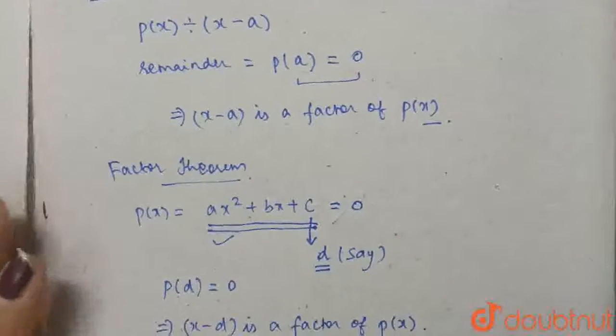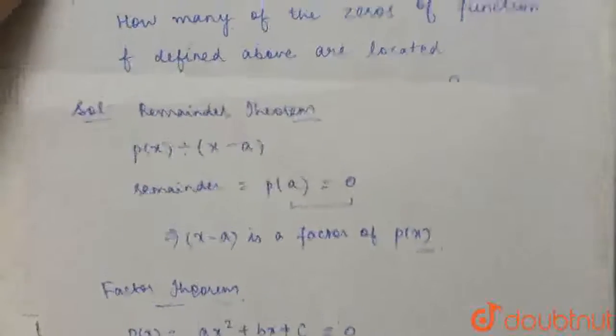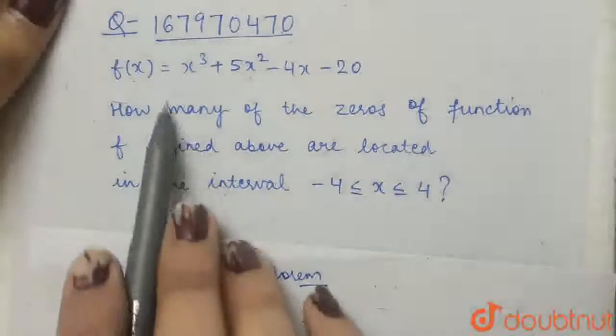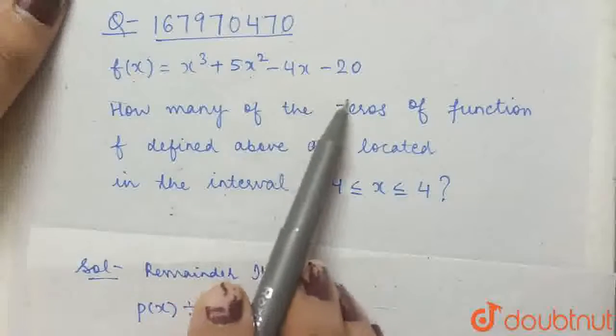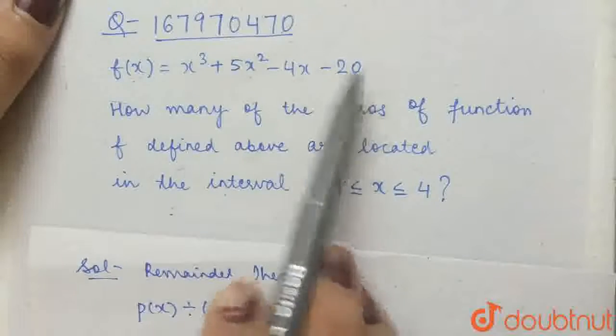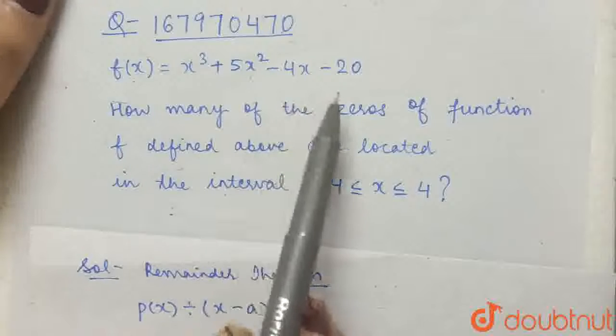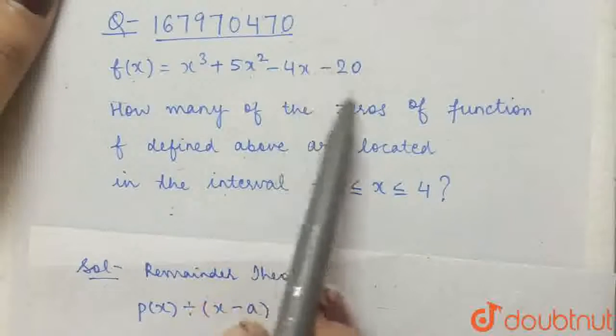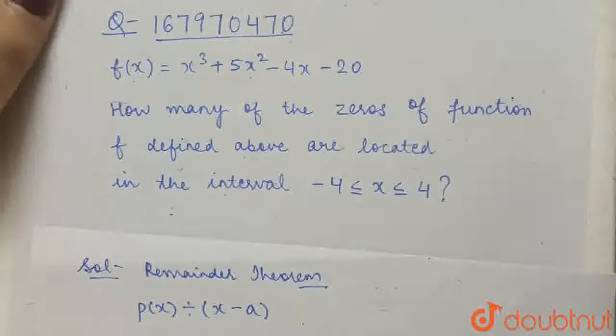So similarly, in this question also, we require to find the zeros of this polynomial function f of x. So to calculate the zeros of this polynomial, we will need to use the factor theorem. That is, we will make the factors of the constant term, that is minus 20.